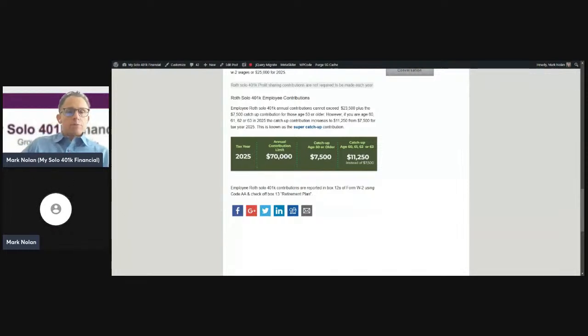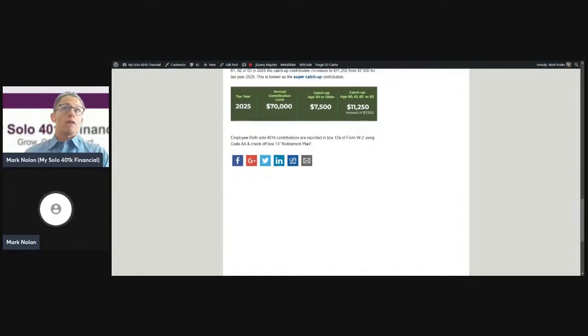So the catch-up contributions, Roth Solo 401k catch-up contributions, can never be made as an employer Roth contribution. They're always treated as employee Roth Solo 401k contributions.